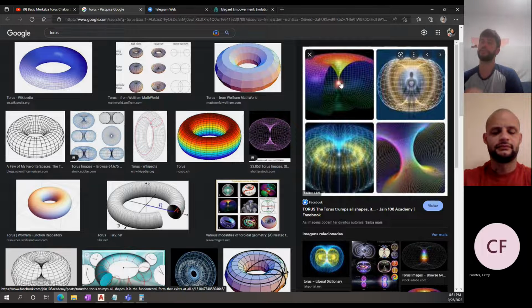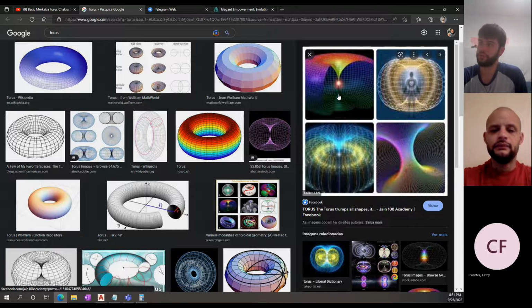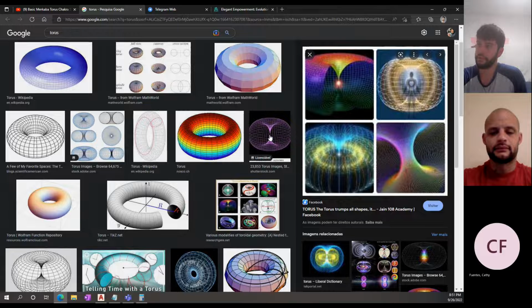When we draw the dot and the circle around it, you can see that as the top view of the torus. So the torus is this shape, which is almost like an apple. It has a singularity in the very middle of it.